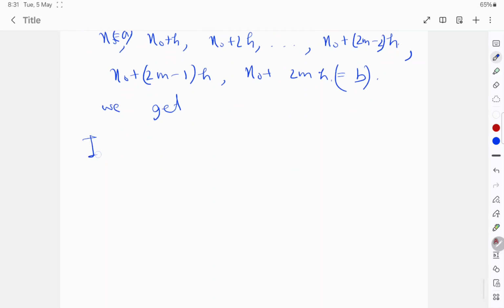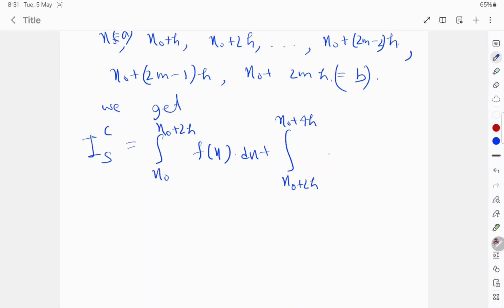So what you are getting, if you apply this composite, already you have seen we are writing C here, right? So this is the 3-point quadrature: x0 to x0 plus 2h f of x dx, plus x0 plus 2h to x0 plus 4h f(x) dx, plus so on, x0 plus 4h to x0 plus 6h.